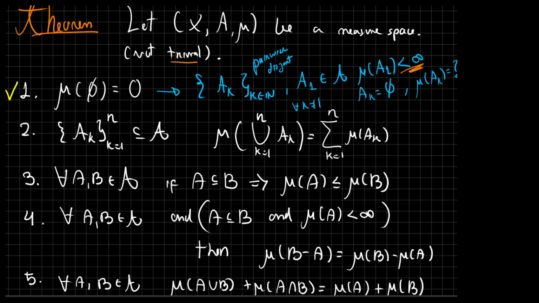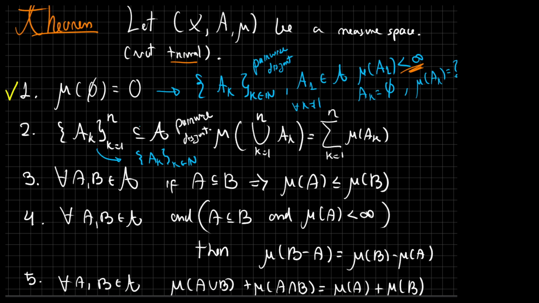For the second property, this is kind of trivial. You only need to complete everything that follows from n. So you have this family, which is pairwise, I think I didn't write it, but this is pairwise disjoint. So you complete this family with the empty set. So you have a countable family.